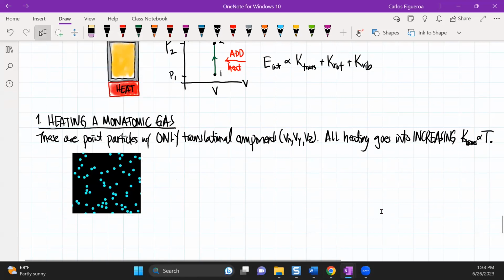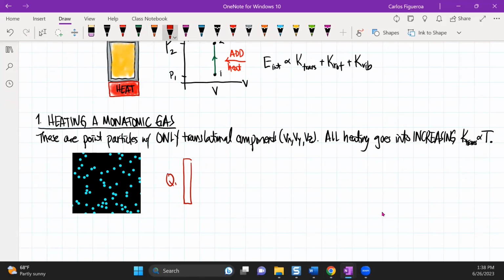This is my image right here. So now let's look at what the heating does. Here I have my heating now, and I'm going to say that these guys are 3 squares big.